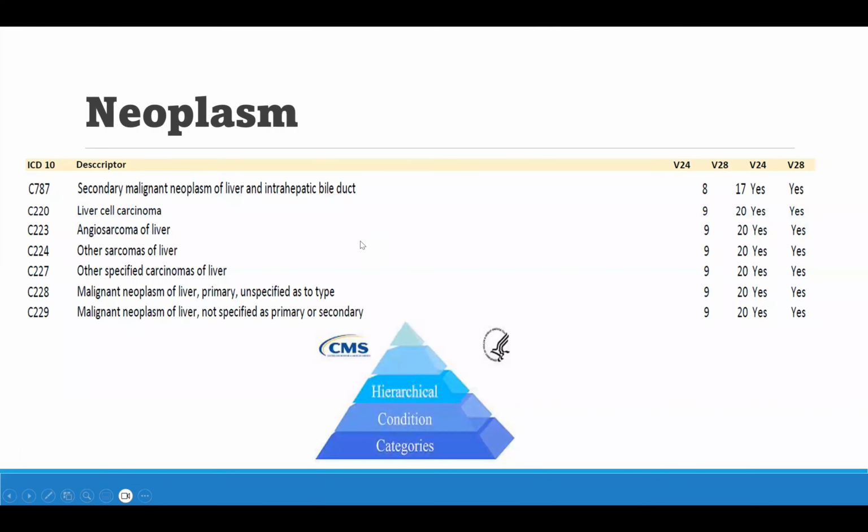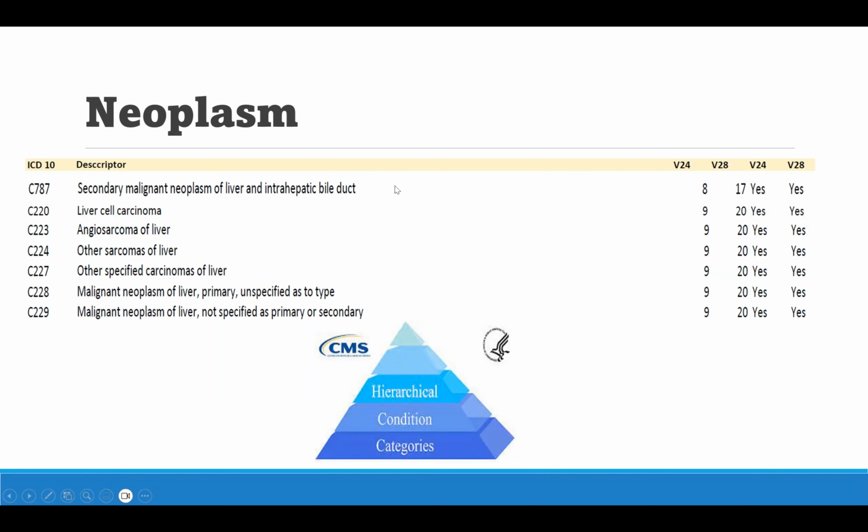And so I did include some of the, and for you guys, I don't know, have you delved into the changes, V24 to V28? Have you started to assimilate and educate yourselves on that yet? Yes. Okay. So here we have the ICD-10 code, the descriptor, V24, V28. The columns are a little off, there was no way for me to do this, but if you see a yes and yes, does it map?